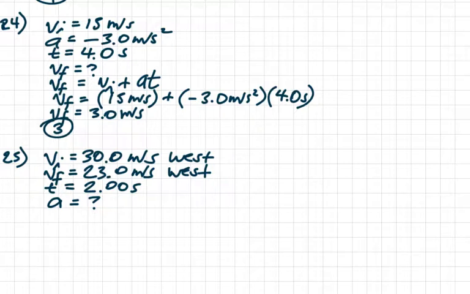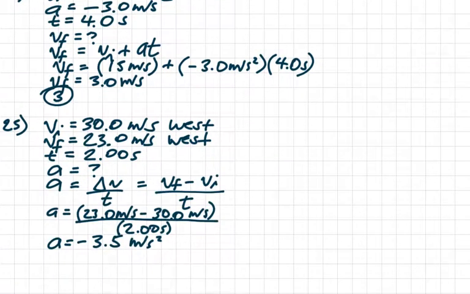meters per second. It doesn't say that it turns around, it just slows down. It does that in 2 seconds, and it wants the acceleration. And we wind up with a negative answer. So it said that the original velocities were west, and if I'm calling that positive, which why not?